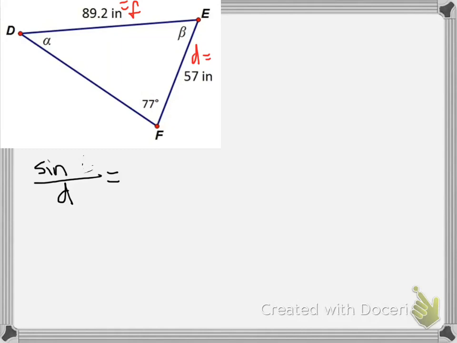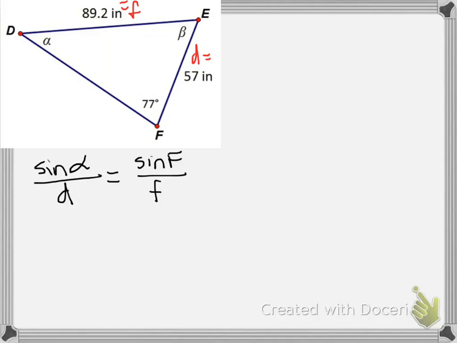So I'm going to get rid of the d here, and I'm going to change it to alpha. Is the same as sine f over 89.2. Actually, we should get rid of that, over little f. We can put numbers in and stuff later.